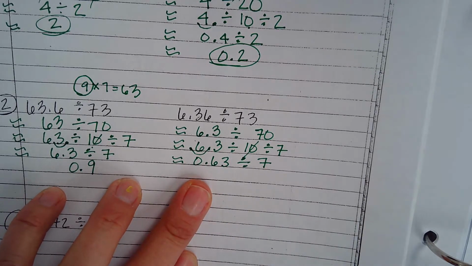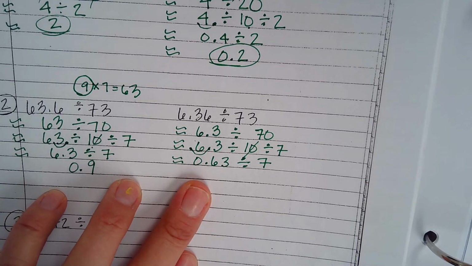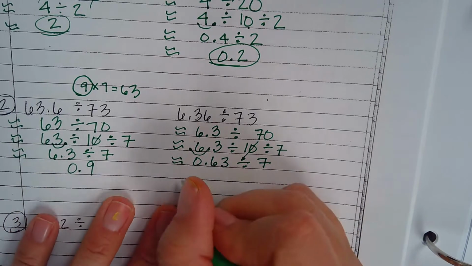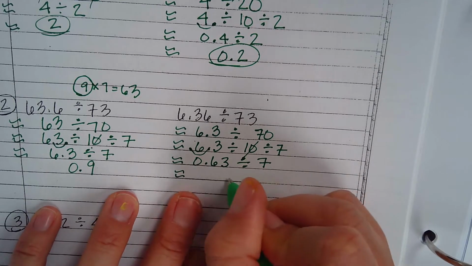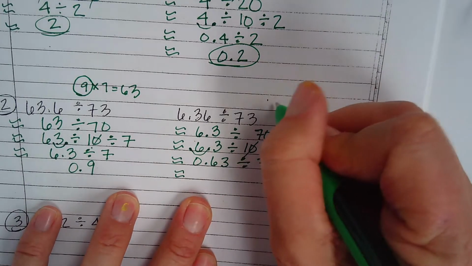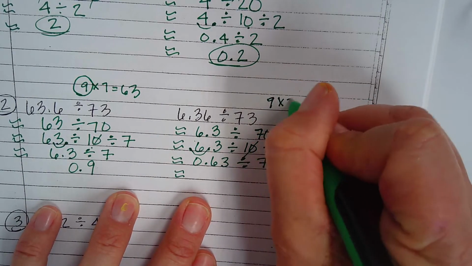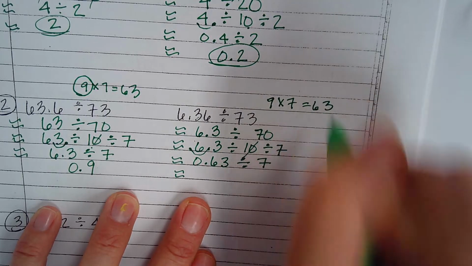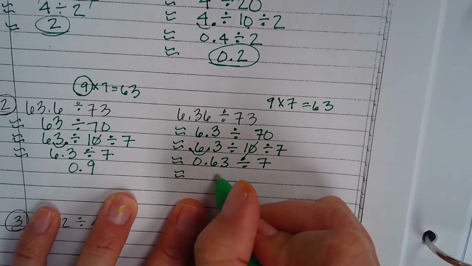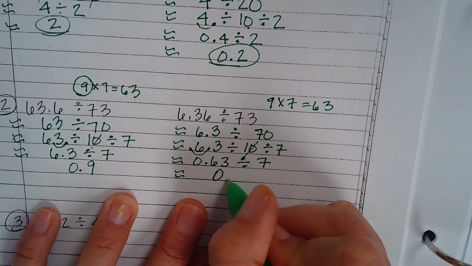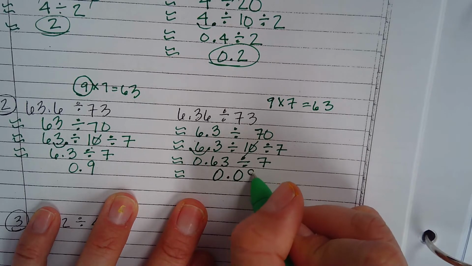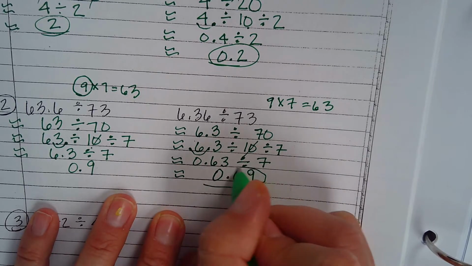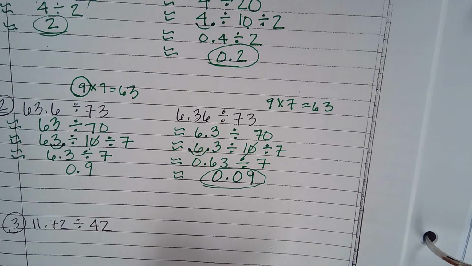Yes. So how many numbers are going to be behind the decimal in your answer? 2. Yes, 2. And we already know that 9 times 7 equals 63, right? So we know our answer is going to be 0.09 because I have to have 2 numbers behind the decimal, right?